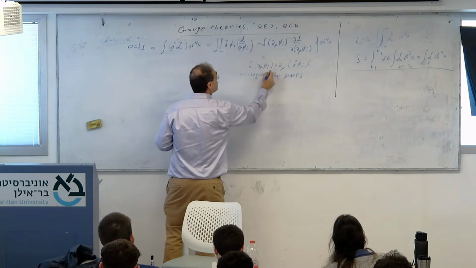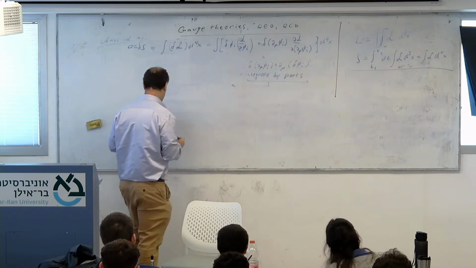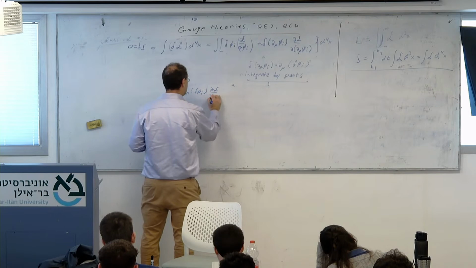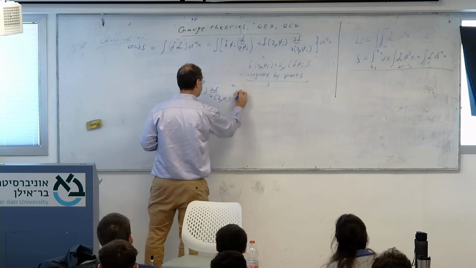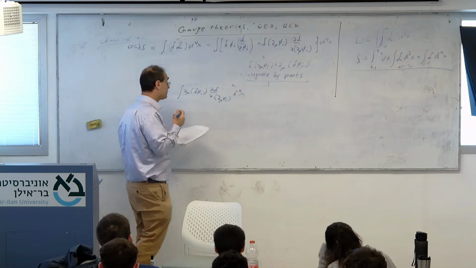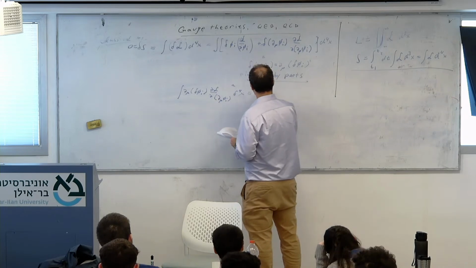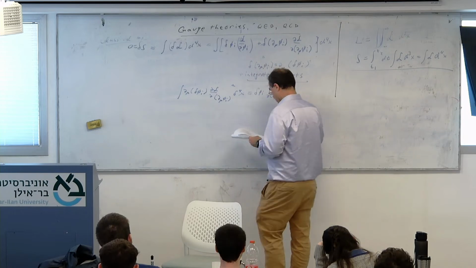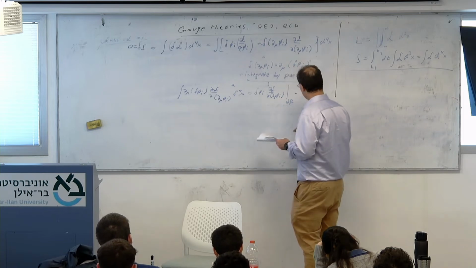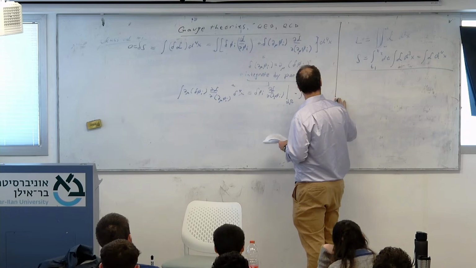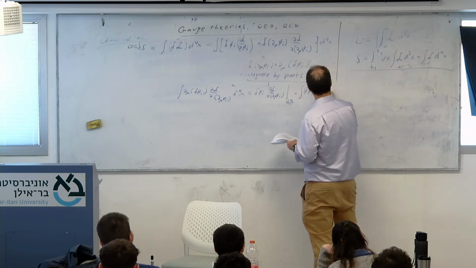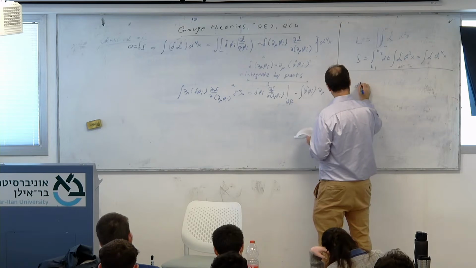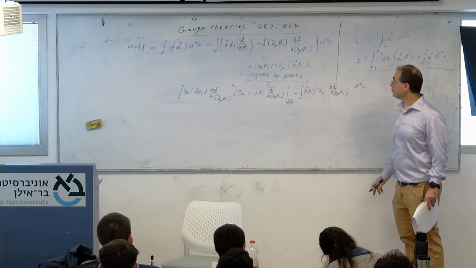So from this part, the integral of d_mu delta phi_i dL over d(d_mu phi_i) d^4x is delta phi_i dL over d(d_mu phi_i) at the boundaries, which I'm just going to call d omega, minus the integral of delta phi_i d_mu dL over d(d_mu phi_i) d^4x. Okay, we just did the integration by parts of the second term.